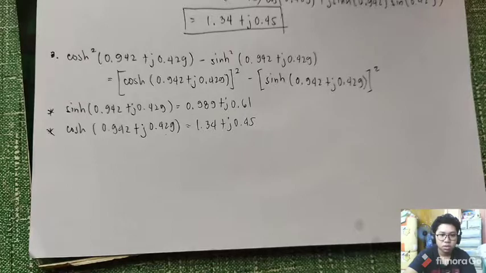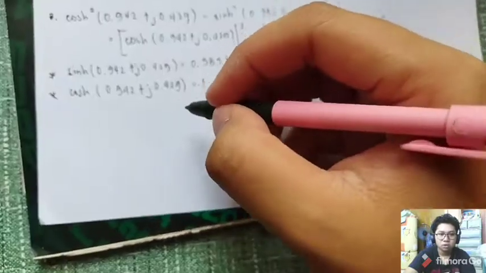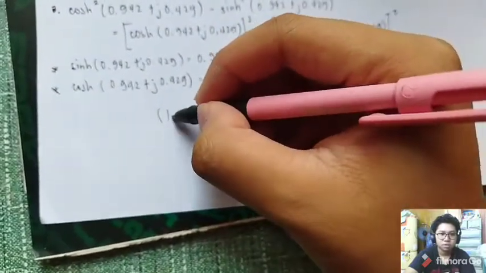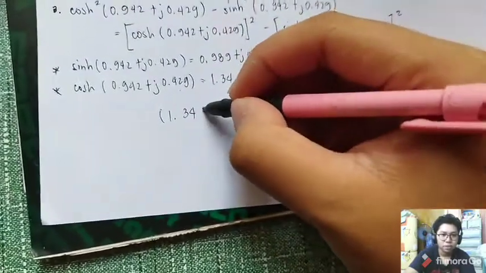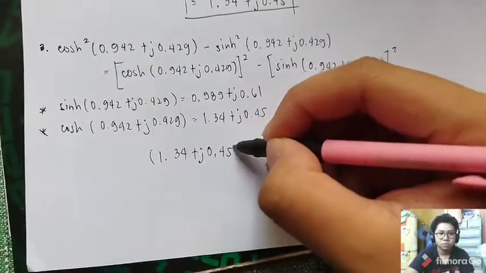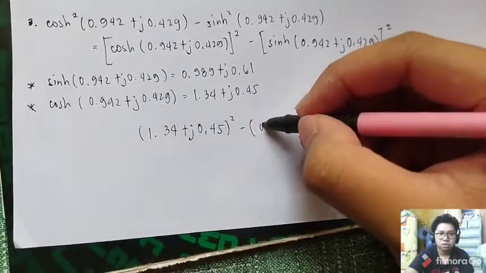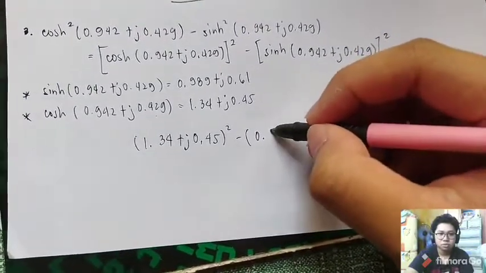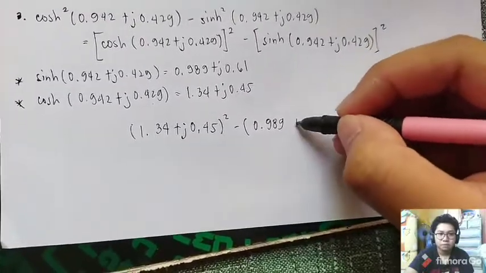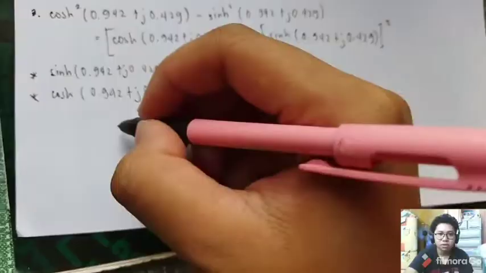So we can substitute the values acquired before. So that is just 1.34 plus j0.45 squared minus the sine hyperbolic, which is 0.989 plus j0.61 squared.